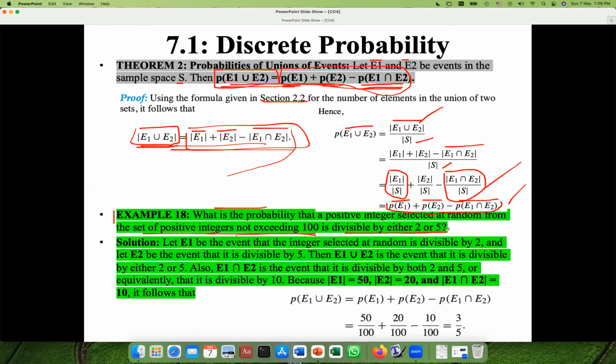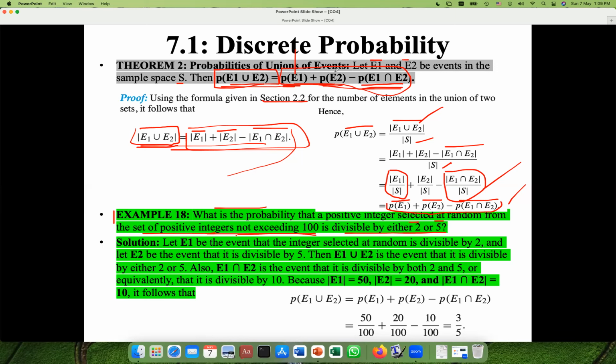So basically you have to calculate two events, numbers which are divisible by 2 and numbers which are divisible by 5. And then you can sum up by using that equation.